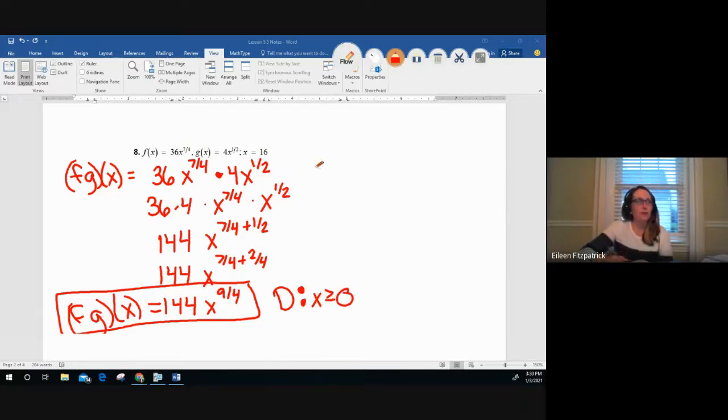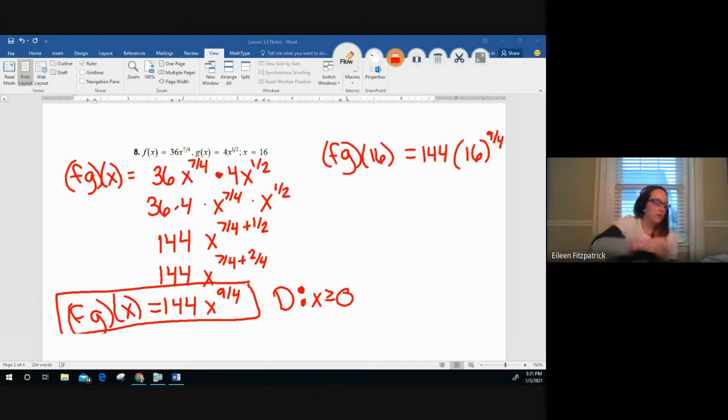All right, and then f times g of 16. So it's going to be 144 times 16 raised to 9/4. So you're going to take the fourth root of 16, that's 2, and then 2 to the ninth. That's 512, right?